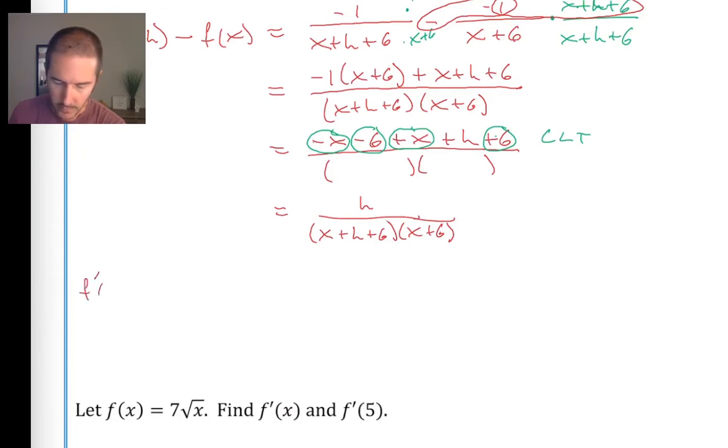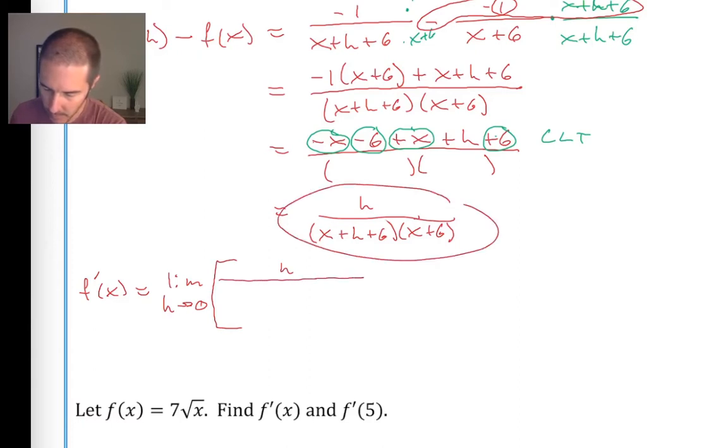The first derivative of our function is equal to the limit as h approaches 0 applied to a function that's a little bit gnarly looking. We need to take the expression that we just wrote out, so I'm copy and pasting this into here.